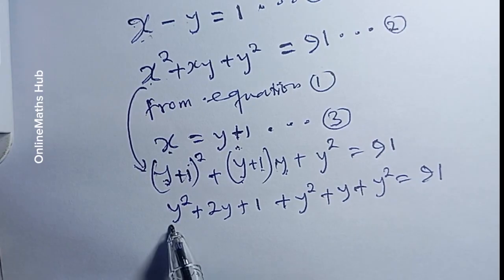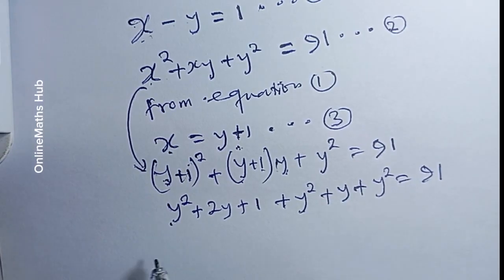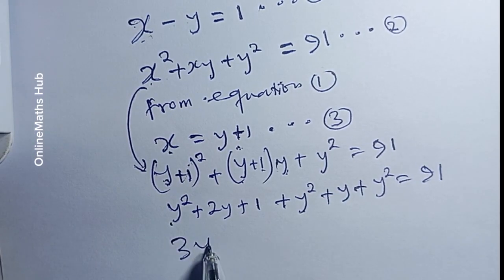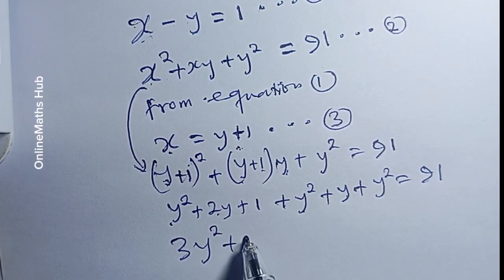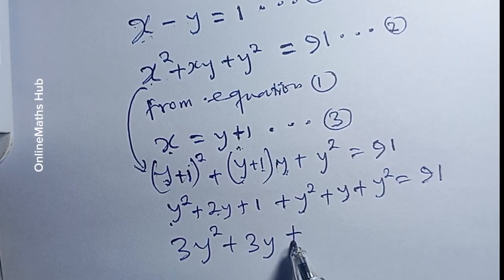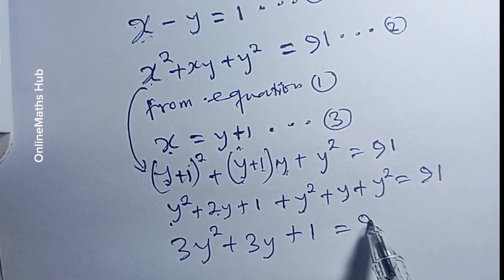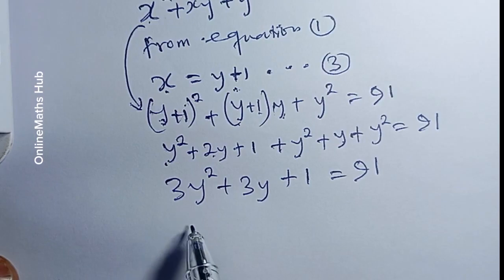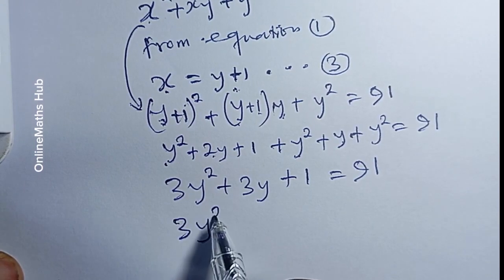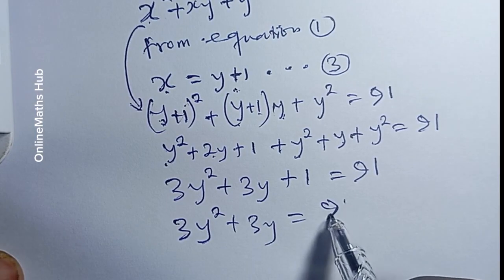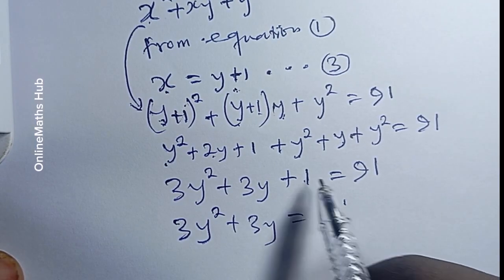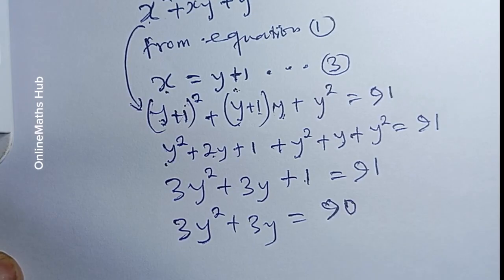Simplifying, we have y squared, y squared, y squared, so summing all of them you have 3y squared. Then 2y plus y here will also give us 3y, plus 1, is equal to 99. So what we now have is 3y squared plus 3y is equal to 99 minus 1, which is 98.